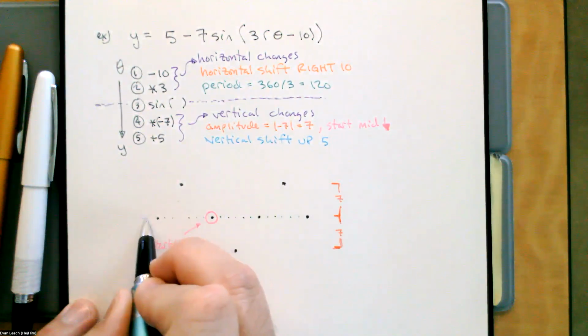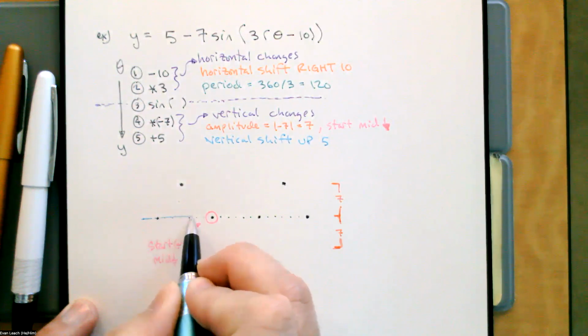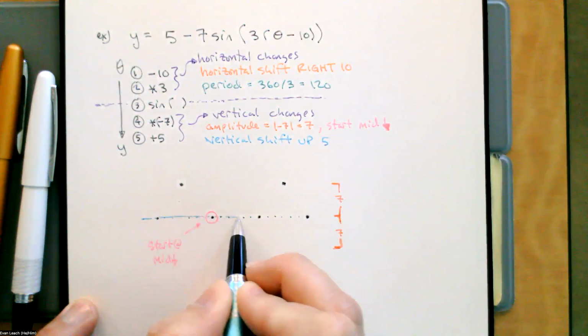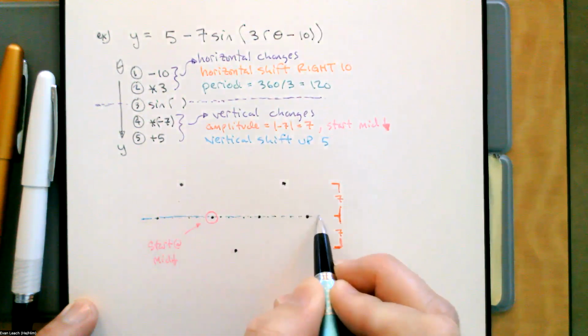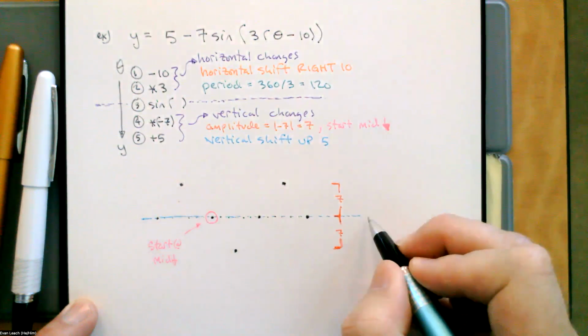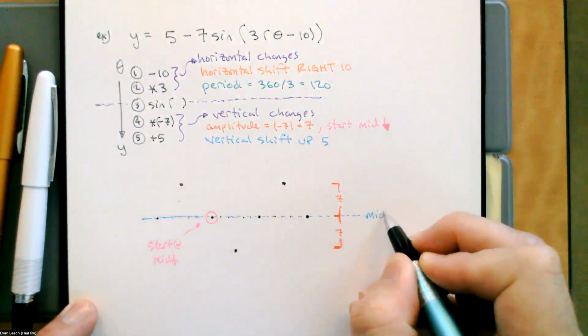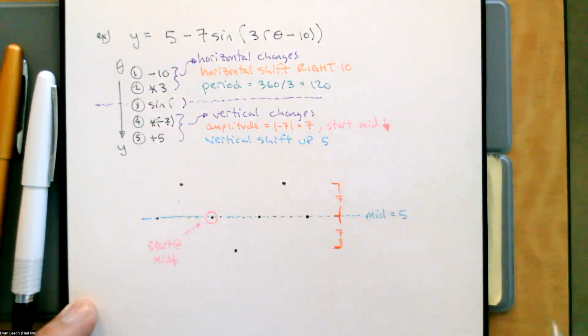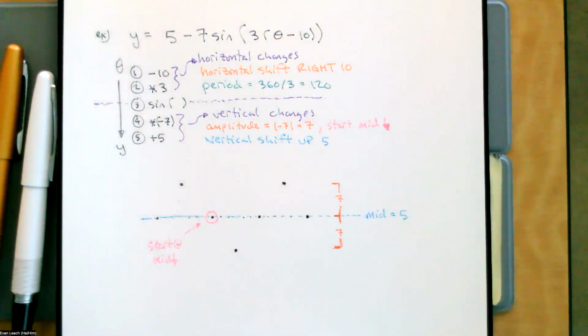So the middle is going to be at 5. Normally the middle is at 0, but we shifted up 5 units.